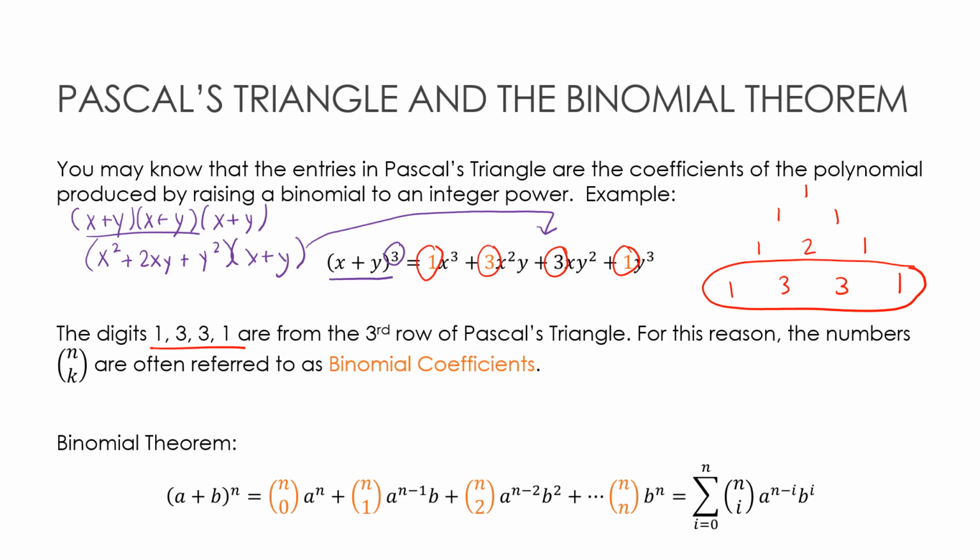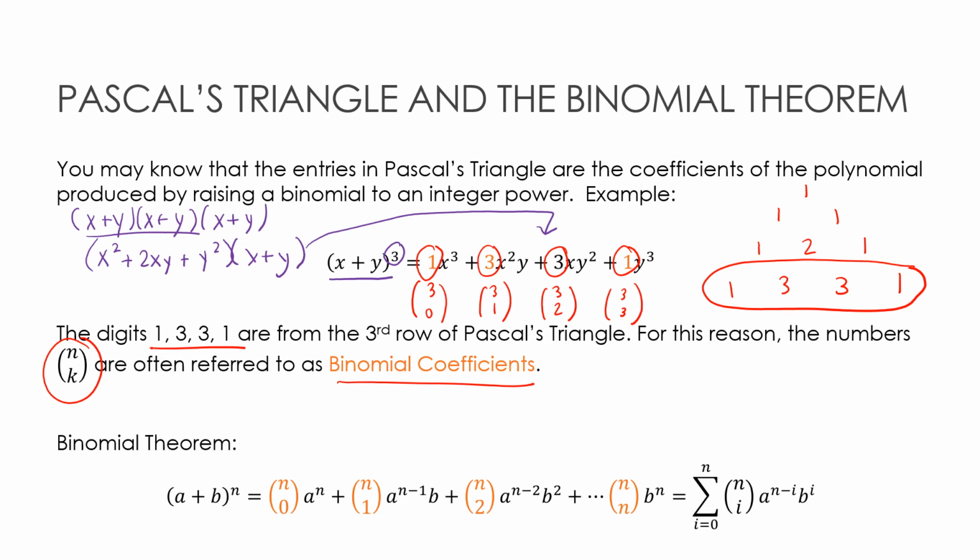Those numbers are the same as what I just used in my answer. So for that reason, the number n choose k, because if you'll remember, this was 3 choose 0, 3 choose 1, 3 choose 2, 3 choose 3, n choose k are often referred to as binomial coefficients.